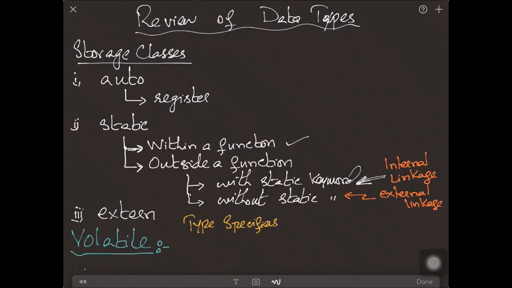What we missed is what is known as the type qualifier. The type specifiers are the character, int, long, float, signed, unsigned keywords. And the type qualifiers are const and volatile.